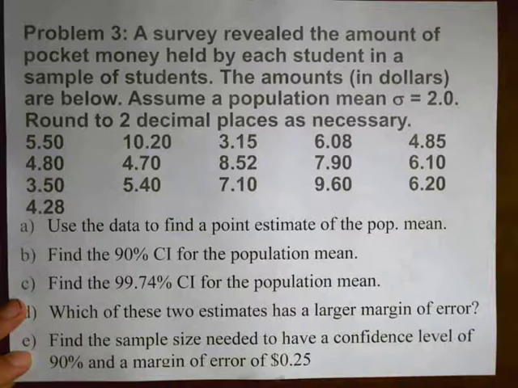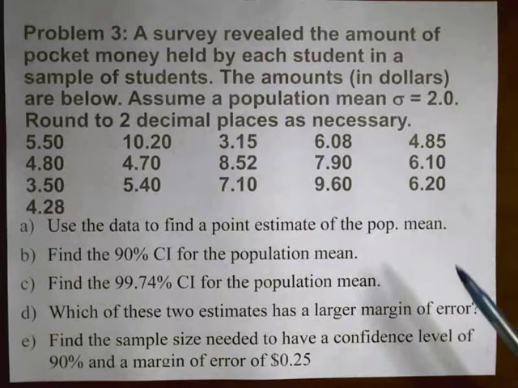How many samples do I need to have a confidence level of 90% with a margin of error of only a quarter? So here's a collection of questions that are the style of questions that will be problem 3. Problem 3 won't be this long. It won't have this many parts, but these are the type of questions that could be there. Okay.